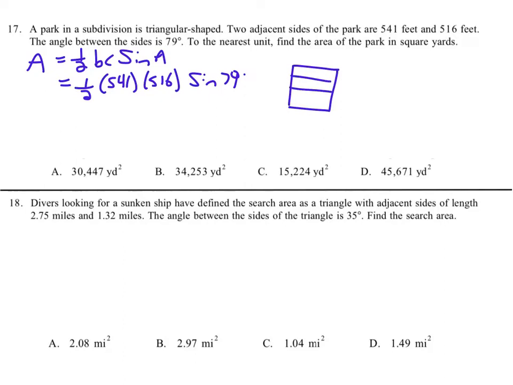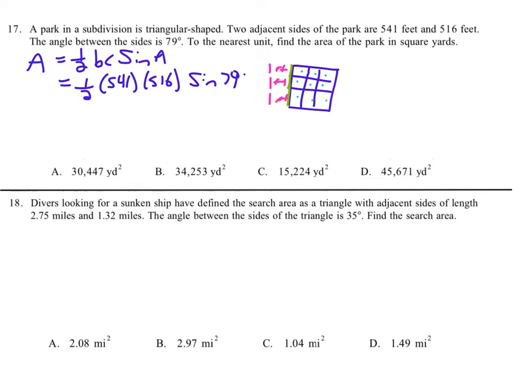So if this is 1 foot, 1 foot, and this is 1 foot, and this is 1 foot, then 1, 2, 3 feet makes a yard. So we've got 1 yard that way by 3 feet, or 1 yard this way. Look at how many square feet are in a square yard. There is 1, 2, 3, 4, 5, 6, 7, 8, 9.